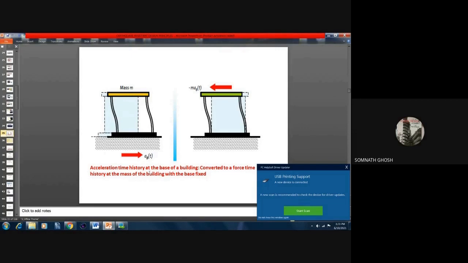So that is why, whatever experience we have, whatever factors, everything is considered together, and ultimately they have recommended it in the code, in IS 13926, IS 13920, IS 4326, IS 1893. So you have to understand these codes clearly.